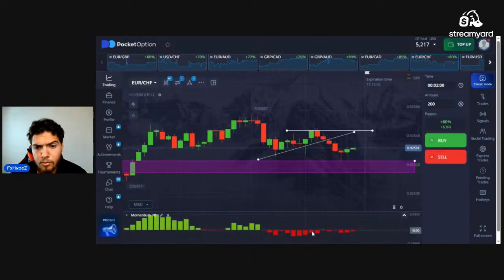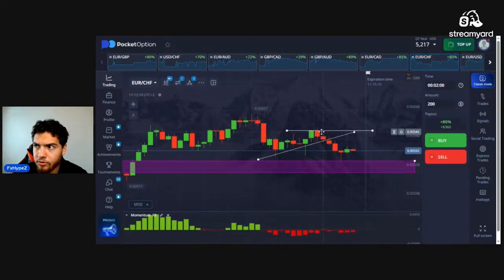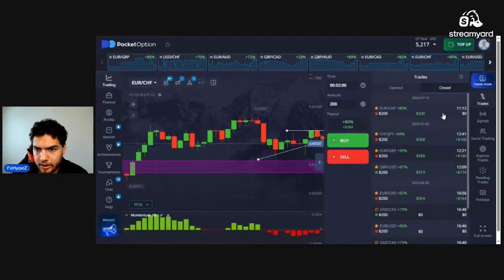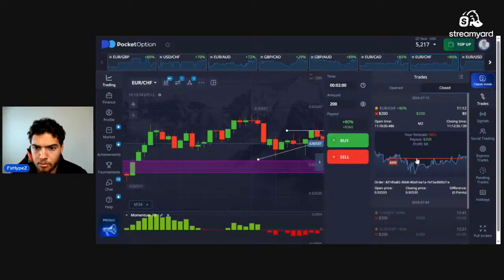Obviously, momentum remained red. It was teasing with that shift from red to green, which is why I marked out this resistance we have up here. But yeah, we made the right call, I think. 0.92533 was the open price, closing price 0.92533.